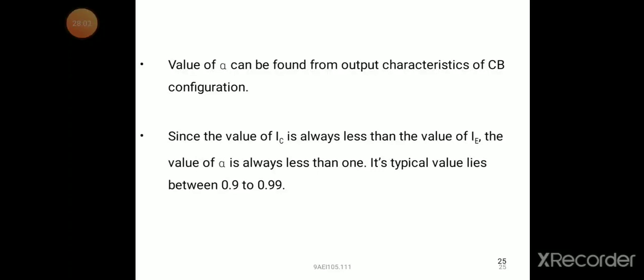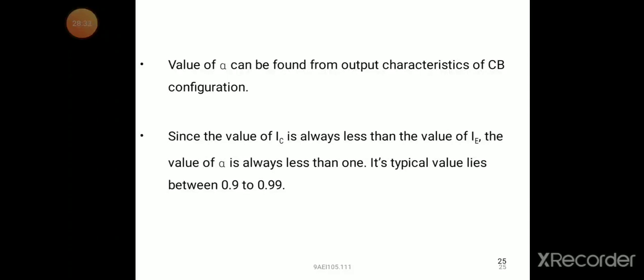So alpha is less than 1. Since IC is always less than IE, alpha is always less than 1. Its typical value lies between 0.9 and 0.99.